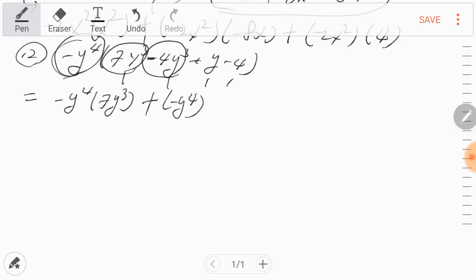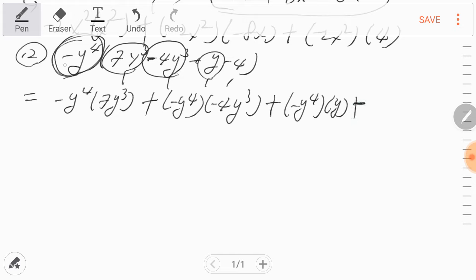Make sure to include the negative sign, so negative 4y cubed, plus multiply this by y, so negative y to the fourth power by y. Finally, plus this one times the whole negative 4, so negative y to the fourth power by negative 4.